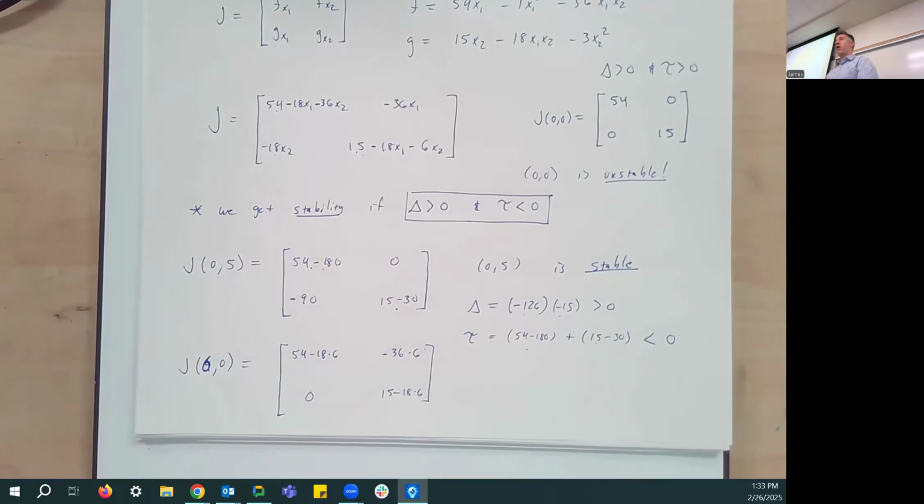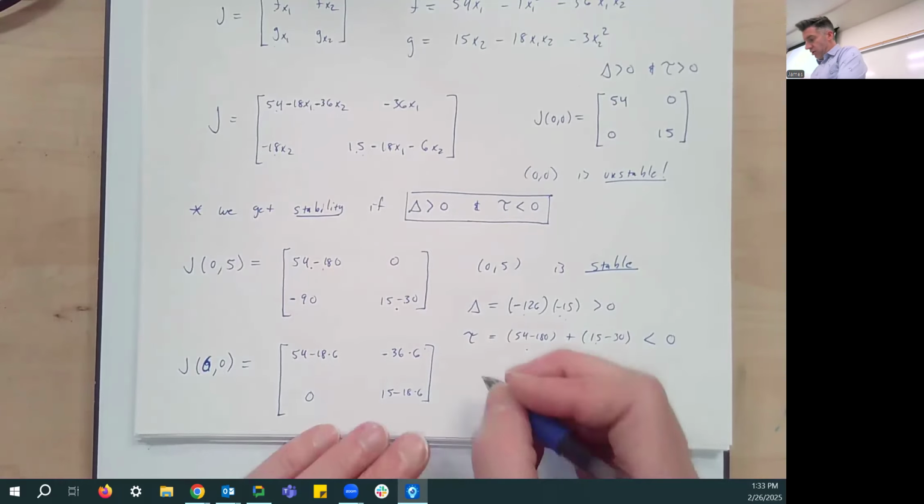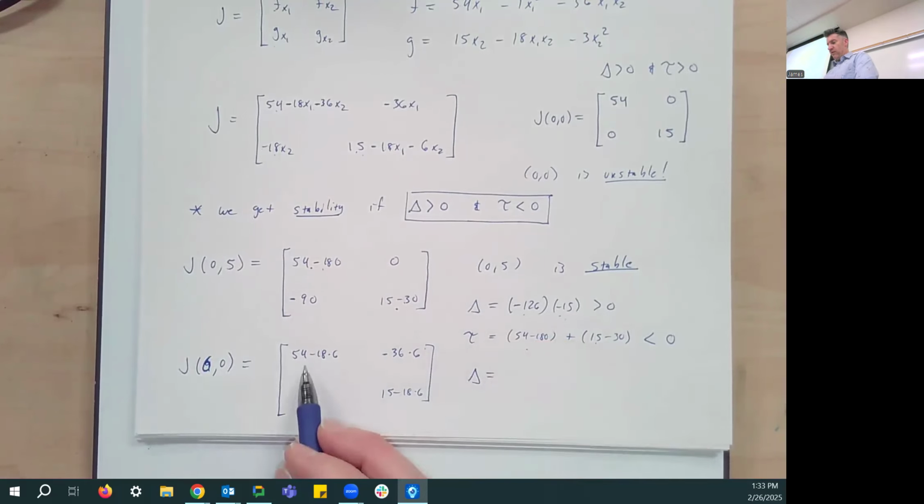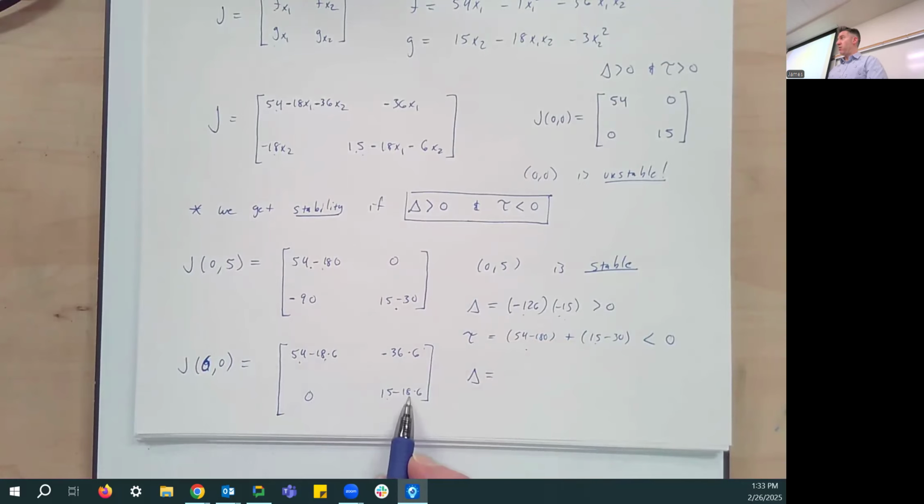Even though it's kind of gross, we can see that our determinant is 54 minus 18 times 6, a negative number, times 15 minus 18 times 6, also a negative number. Because 18 times 6 is, I don't know, it's 60 plus 48. That's certainly more negative than 54 is positive.